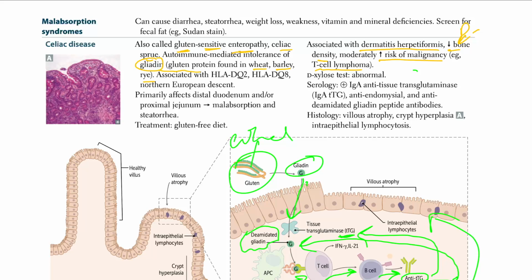Okay, so that's how things are really working out there as a pathogenesis. Now let's talk about dermatitis herpetiformis. Basically, you have the epidermis, normal skin, right?